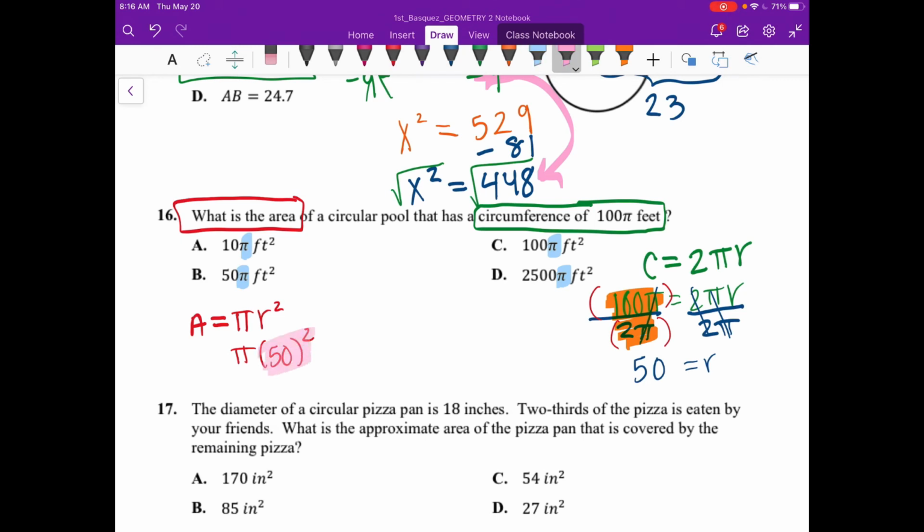So you should just be entering the 50 squared onto your calculator for the area. 50 squared gives me 2,500, and then I leave the pi alone. If you forget and you put the pi into the calculator, you're going to get a decimal, and remember, that doesn't mean you're wrong. It just means that you have to go back and check which of the answers would be correct from there. Okay?